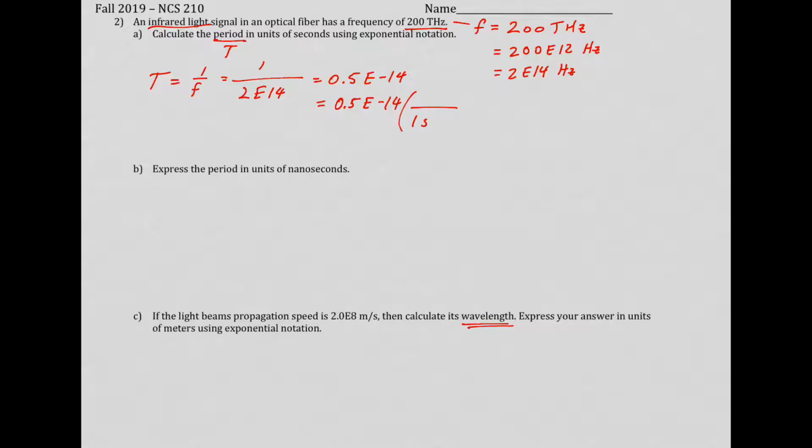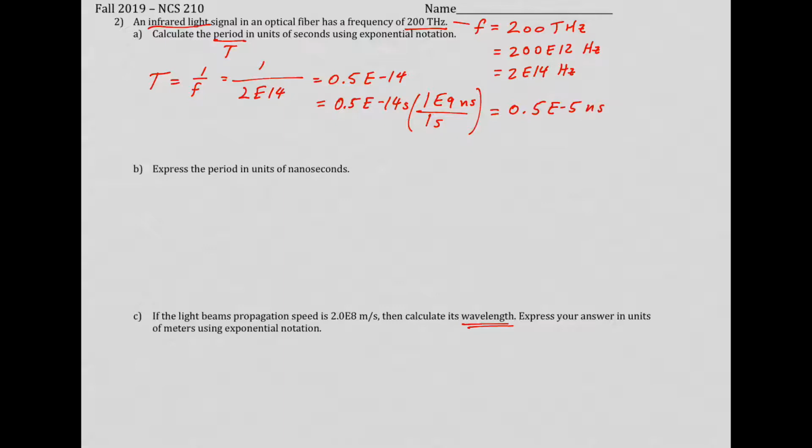We want seconds to cancel. You just have to continuously correct yourself on these things. So I'm going to write 1 second is 1 e to the 9th nanoseconds. There we go. Nanoseconds are tiny. It takes 1 billion of them to make 1 second. So negative 14 plus 9 is negative 5: 0.5 e to the minus 5 nanoseconds.